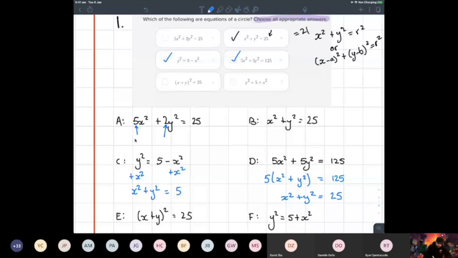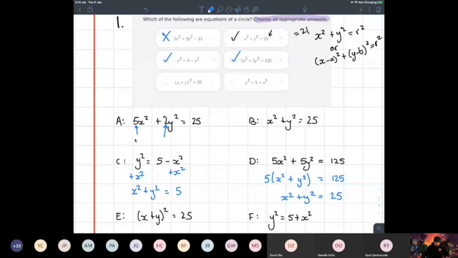It's very close to a circle, but when x squared and y squared are multiplied by different scalars, we get an oval or an ellipse. I'll drop that into Desmos in a second. So option A is definitely not a circle because x squared and y squared are multiplied by 2 different numbers, whereas D is a circle because they're both multiplied by 5.